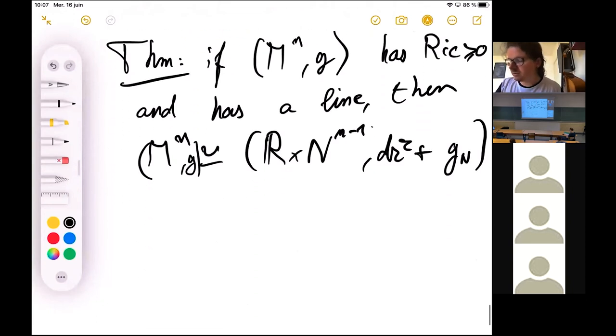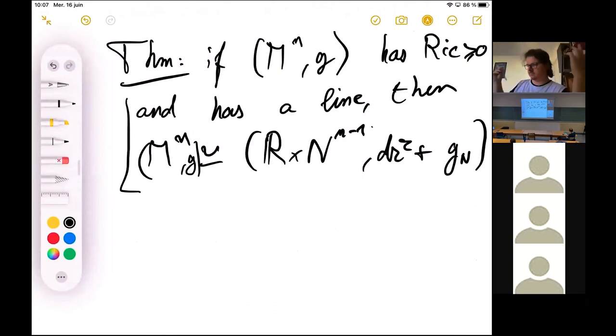And you can actually play, like if you have several lines independent in some sense, then you can split extra R factors, and this is a very useful tool in the analysis of non-negative Ricci curvature.